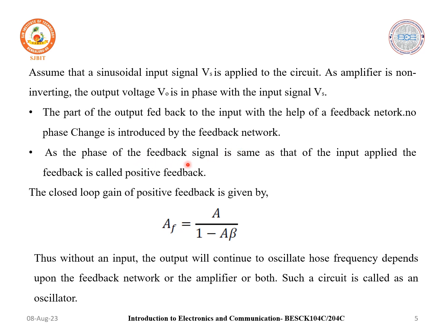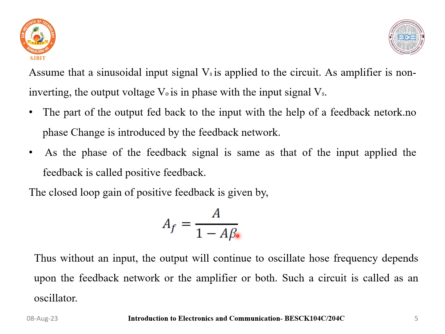As the phase of the feedback signal is the same as that of the input, it is called positive feedback. The closed loop gain of a positive feedback is given by Af = A / (1 - A beta). A indicates the voltage gain, beta indicates the feedback ratio.